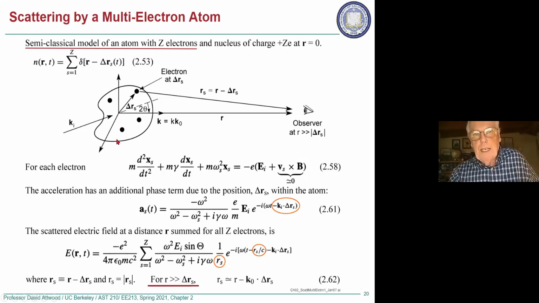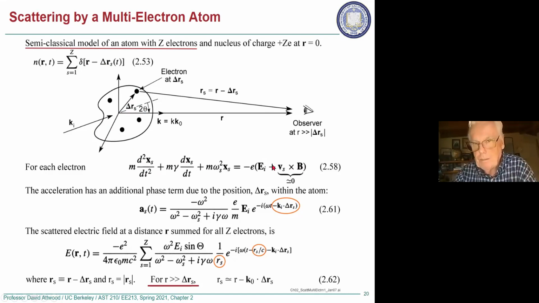Each one of those electrons has some position shown here as delta R_s, measured away from the nucleus. And again, we're going to have to calculate the scattering cross-section.